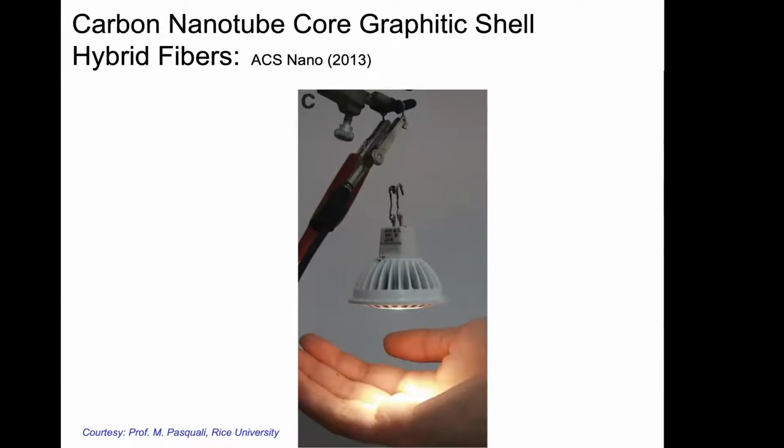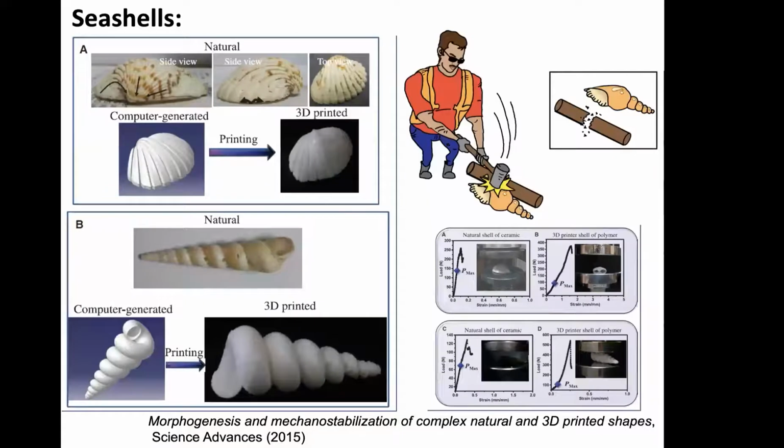Very interesting. So let me go back to one of the other things I showed you, the seashell. Now we know how to make these kinds of complex structures using 3D printing concepts. You can use computer-aided design and then print them using polymers.